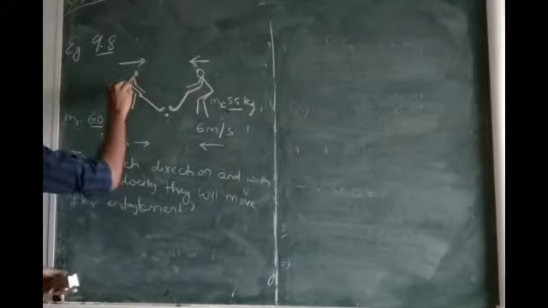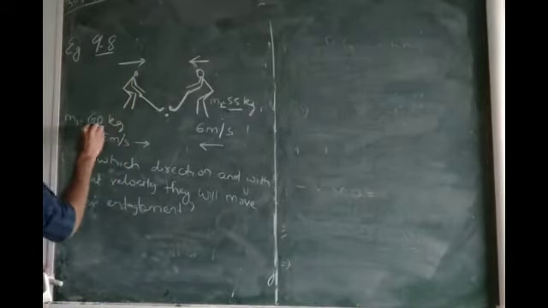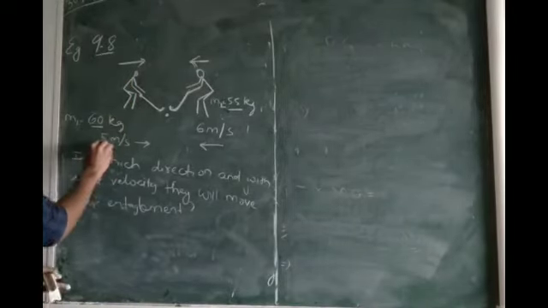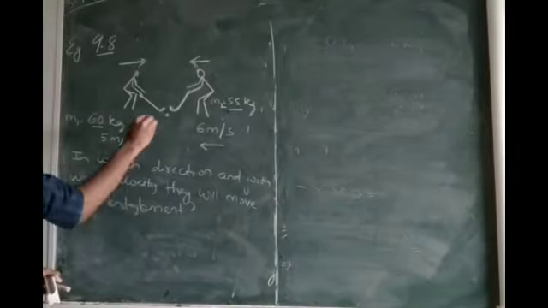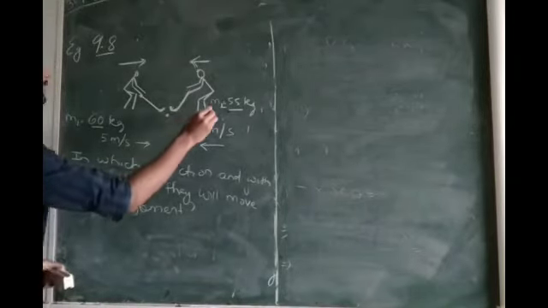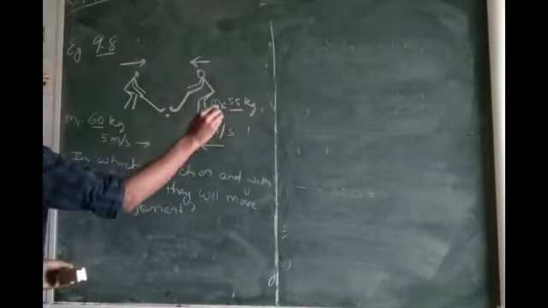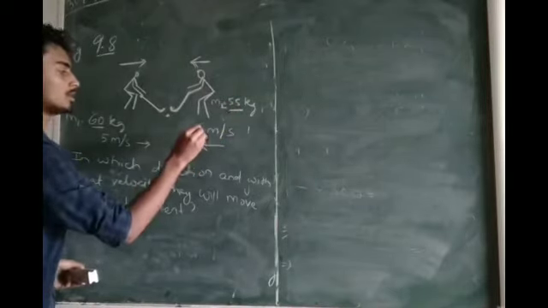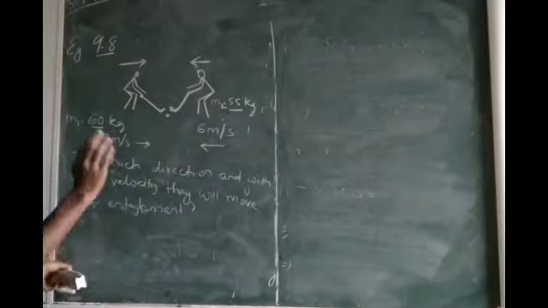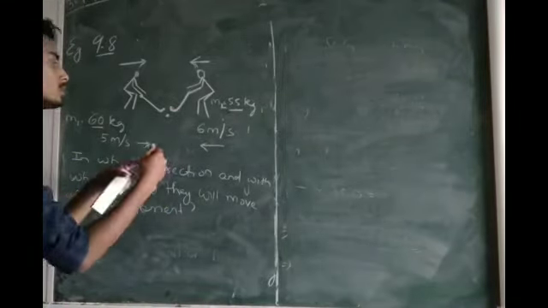Say this is a player M1 whose weight is 60 kg and moving with velocity 5 meter per second towards the ball, and another man of the opposite team whose weight is 55 kg is moving towards the ball with the velocity of 6 meter per second, and they both are moving towards each other.